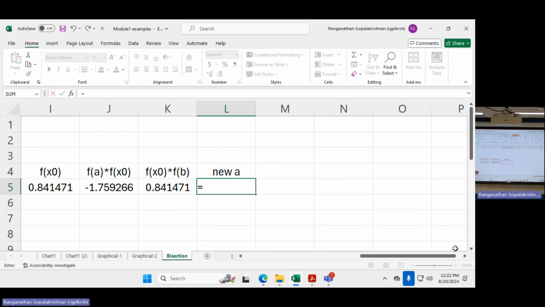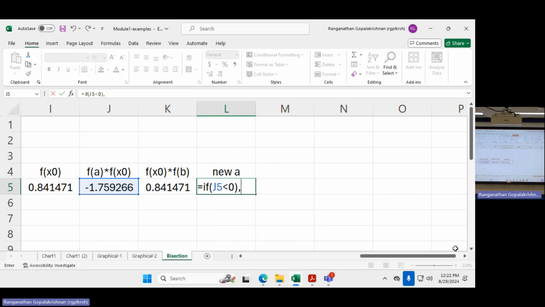If this column, please pause what you're doing, look up. This is a very important step. If this product of f of a and f of x naught is negative, then what is A? A remains the previous left, right?